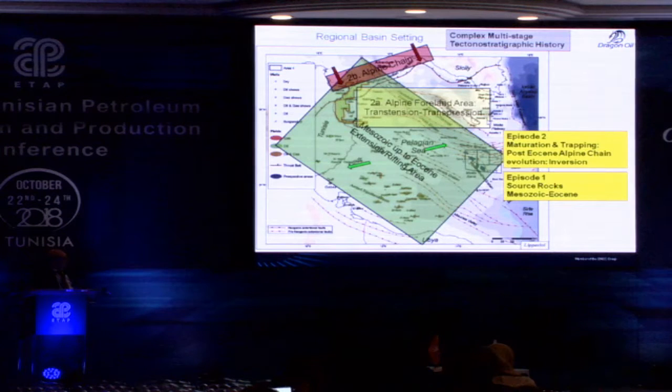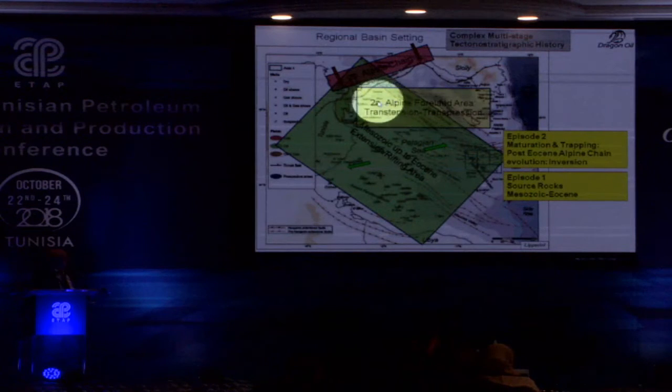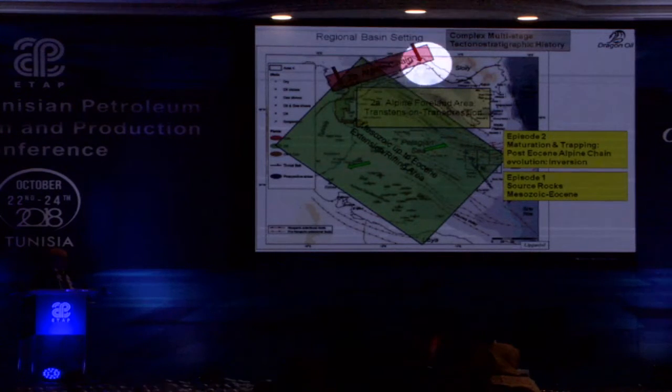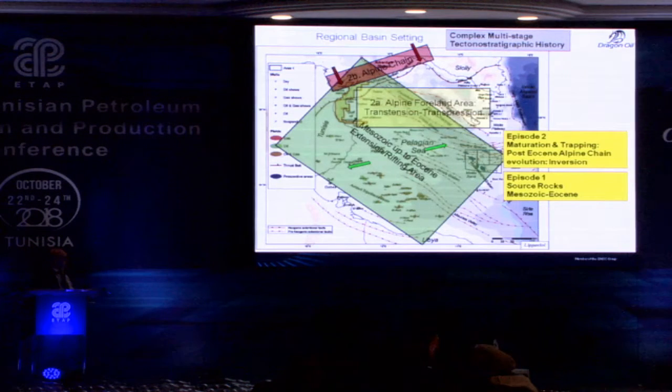So we have a superposition of these structures on top of this nice African Mesozoic rifted margin. And that is where our sediments have been deposited, and these are the processes that have generated our traps. So we go from the source to the reservoir to the trap.